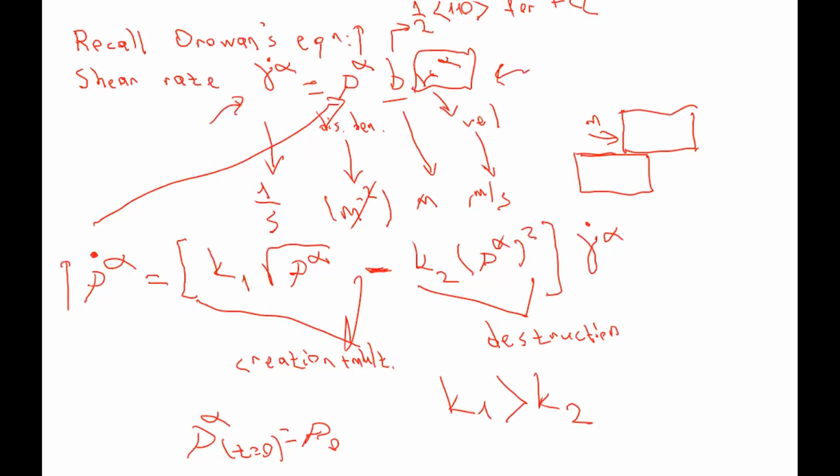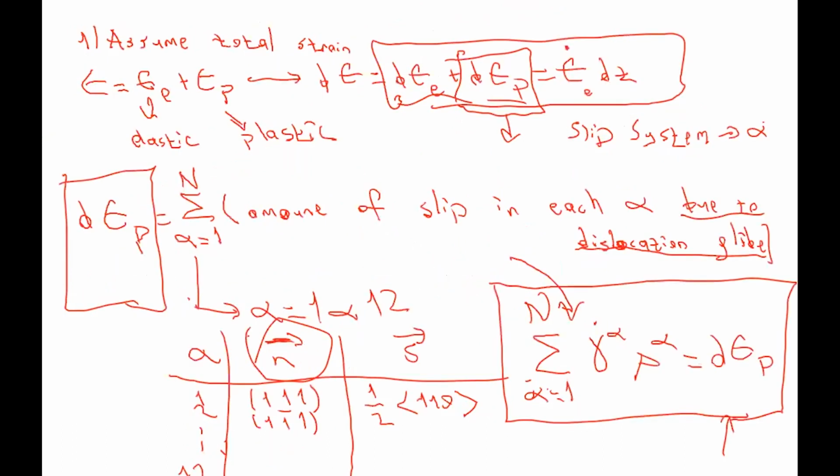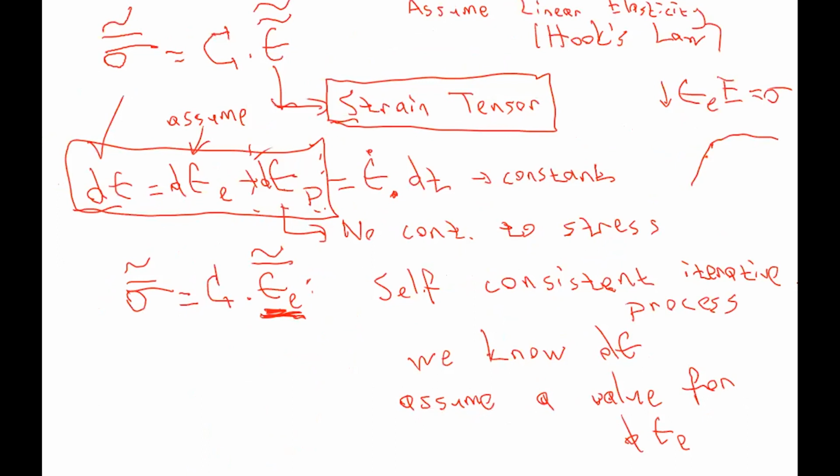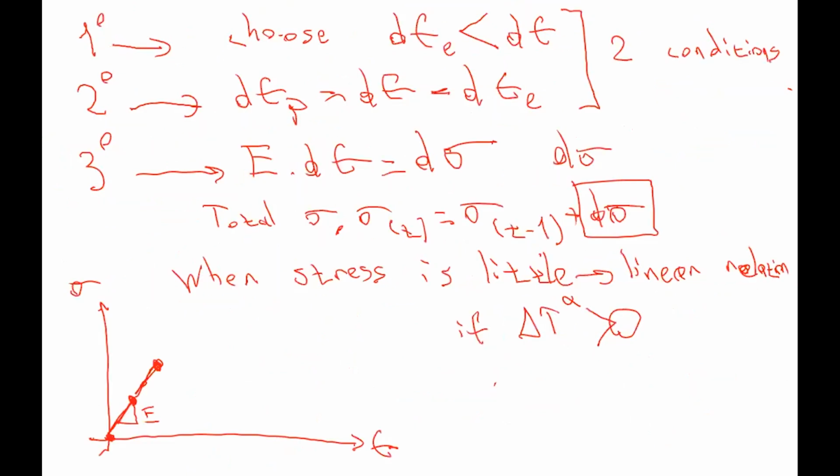If we don't have any shear, that means we don't have any plastic strain, and the total strain is only elastic strain. So the plastic strain will be equal to 0, then we will have only elastic strain. So we have only a linear relation.